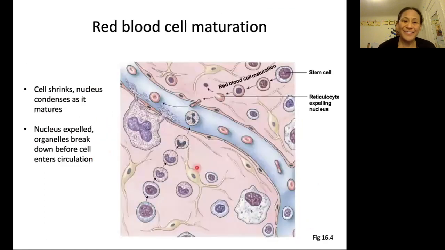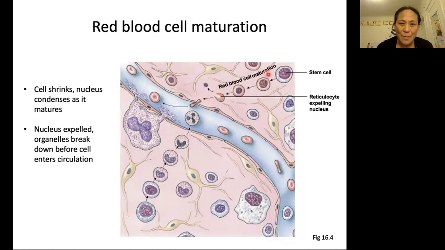Okay, moving on. This shows you a little bit about how red blood cells mature. I want to remind you that all of our cellular elements originate ultimately from the pluripotent hematopoietic stem cell. This shows the maturation process for a red blood cell. So we are differentiating into more specific cell types.